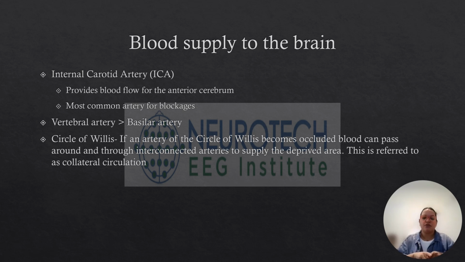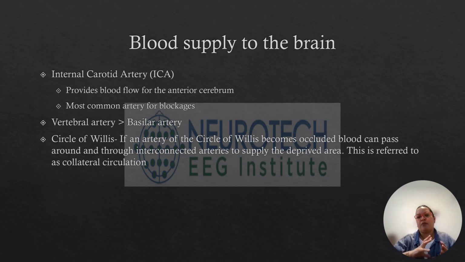And why is it a circle? Well, the two circulations come together and have communicating arteries that form the circle. And this is what we know as collateral circulation. So if there is a stroke on any part of the circle of Willis, of the arteries surrounding the circle of Willis, then collateral circulation is going to take care of that portion that is blocked and it's going to supply the blood, okay?